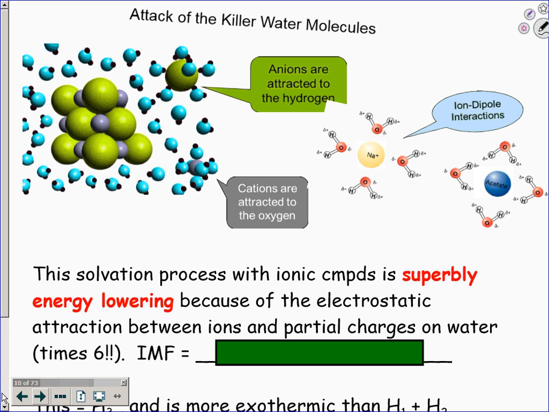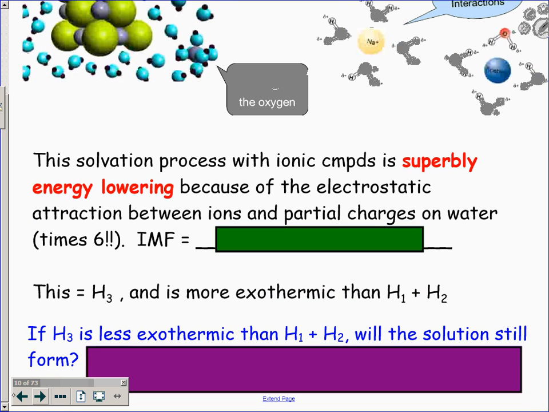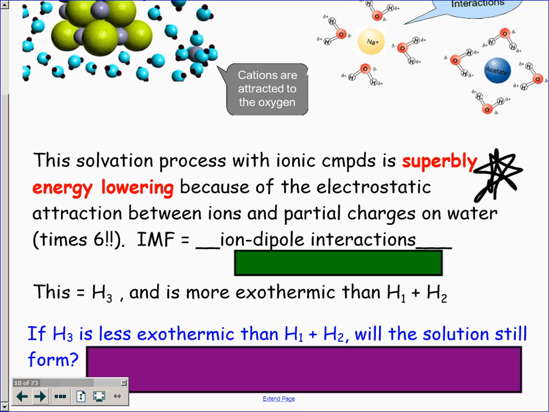Okay, so again, this is the key part, and this is basically telling us why processes like this occur. If your solvation process between ionics and water is occurring, it's because it's lowering in potential energy because of this attraction between ions and water. That attraction is called ion dipole.